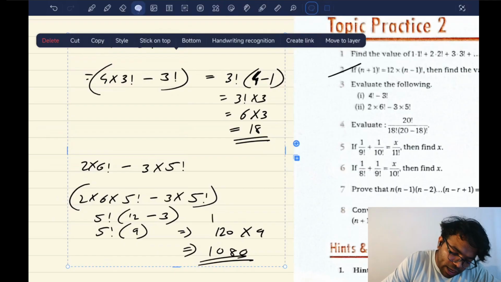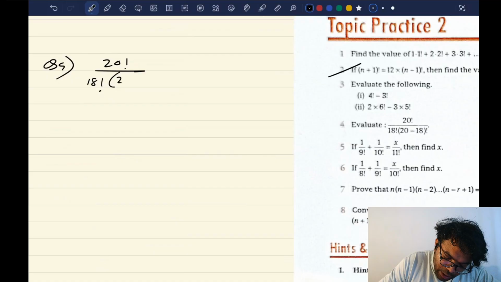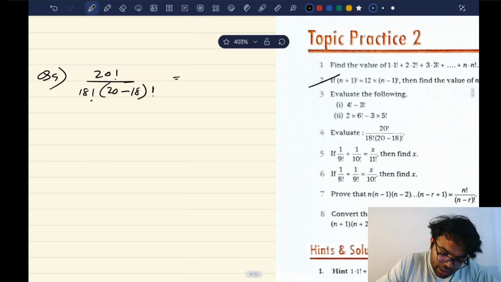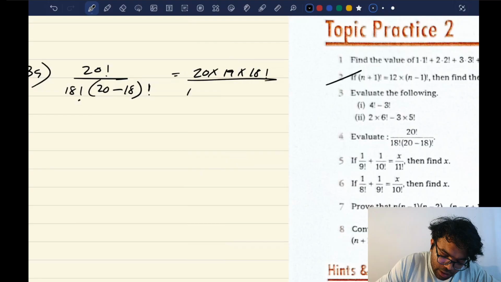Next, evaluate. Question number 4. 20 factorial upon 18 factorial multiplied by 20 minus 18 factorial. You also do it, Drupad. I think you will be able to do it faster than me. Okay, try doing it. So this can be written as 20 into 19 into 18 factorial upon 18 factorial into 2 factorial.